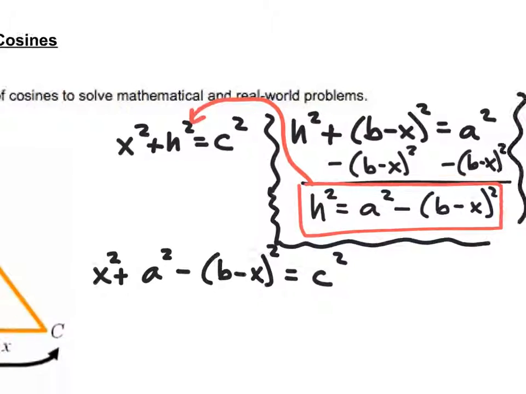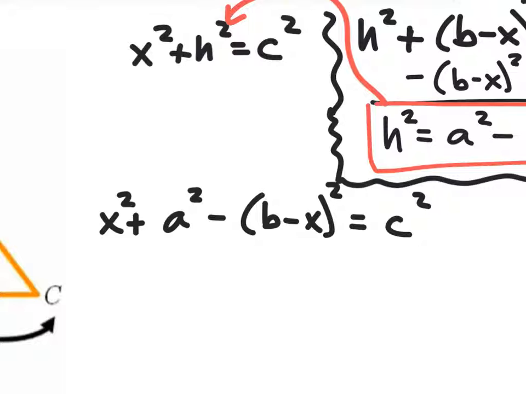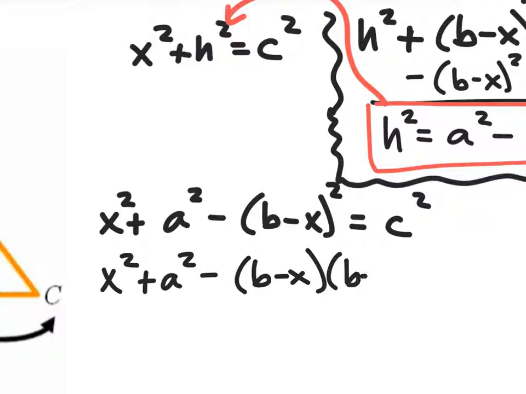Now, the next thing that I want to do is multiply this out. I'm going to FOIL this out, so we can see our steps: b minus x times b minus x.